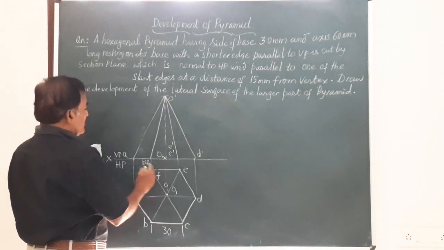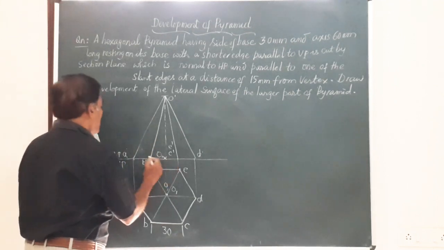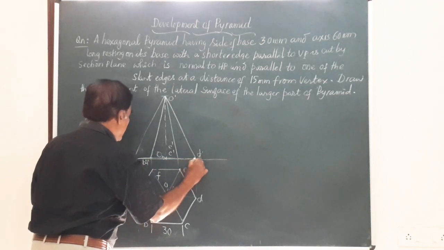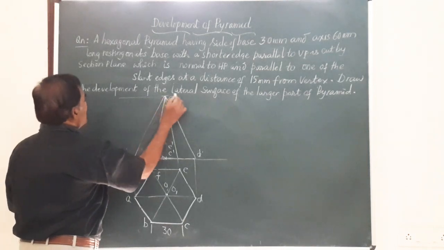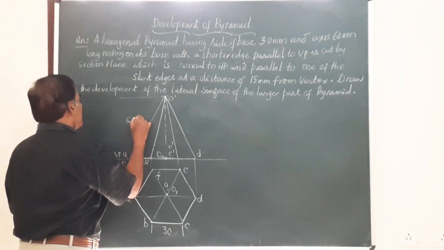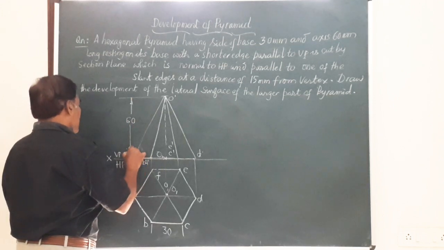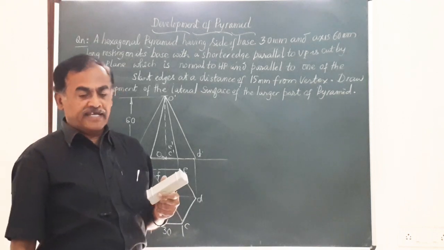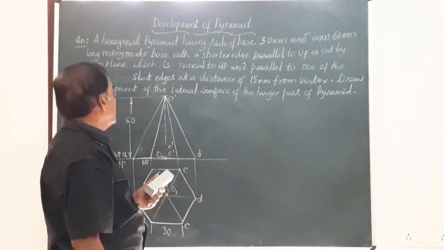So I just join the vertex of the solid to all the corners, and this is the base of the solid A, B, C, D, E, F. Let me mark the height of the solid, that is given to be 60 mm. So friends, I have completed the first part of the question, that is obtaining the projections of the solid, that is the top and front views of the solid.